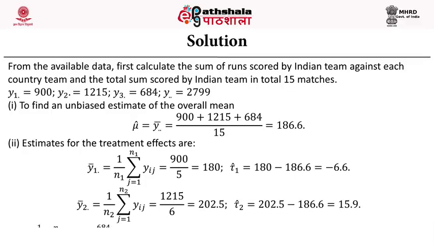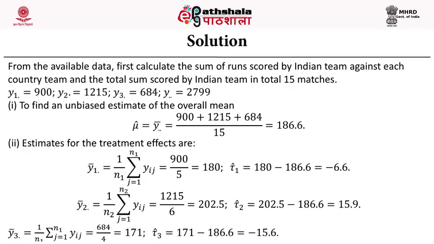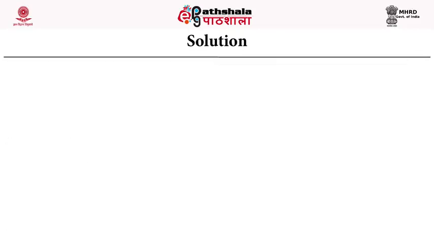After putting the values in the formula, you will get 180, and tau 1 hat is 180 minus 186.6, which is equal to minus 6.6. Similarly, the values for the other parameters are given here as 15.9 and minus 15.6.